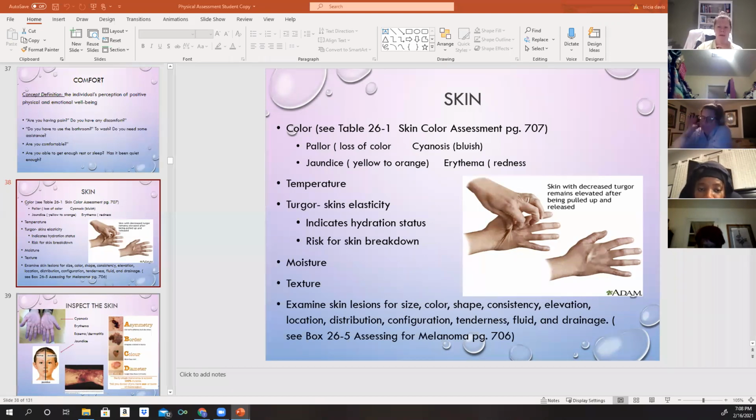You also want to inspect the skin. You're making sure that if you notice any lumps or bumps, you ask the patient if they were aware they had them. And sometimes not every patient can see the back of their back, right? We don't always look at ourselves in the mirror. We don't always do good skin inspections on ourselves.